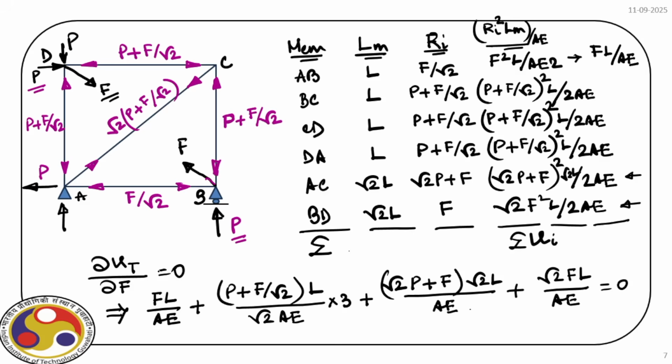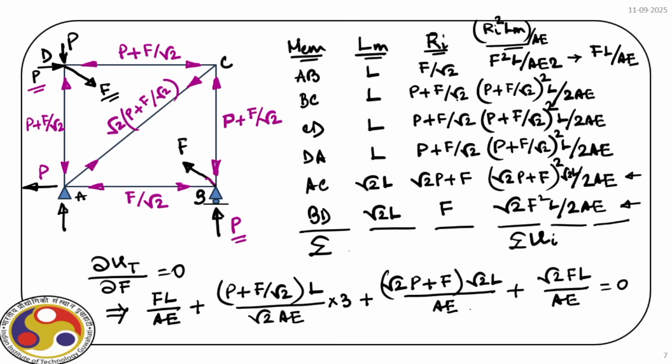That we will do in a minute, but you can see we first remove one member, which is the indeterminate force that we are going to solve for this truss, and then using that force F, we have solved the complete truss, and then we find out the total strain energy stored in every member.